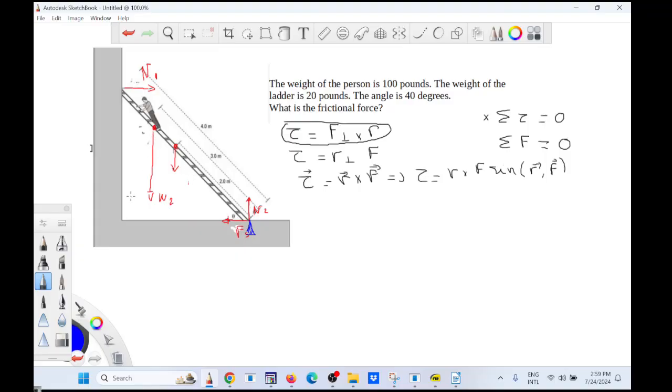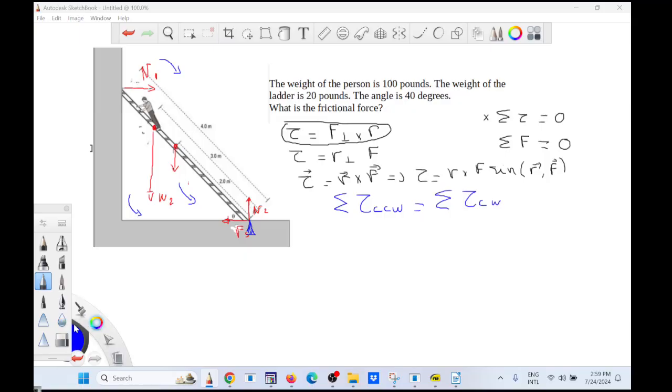So in that case, this force wants to make rotation in this direction, so that will be counterclockwise. This one will also want to make it turn this way, and this one wants to make it turn that way. So in equilibrium, I'm going to say that the sum of the counterclockwise torque equals the sum of the clockwise torque, as discussed in class.